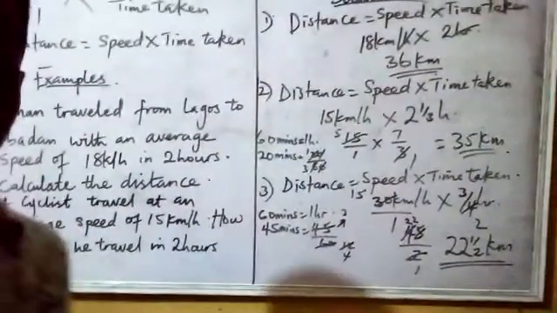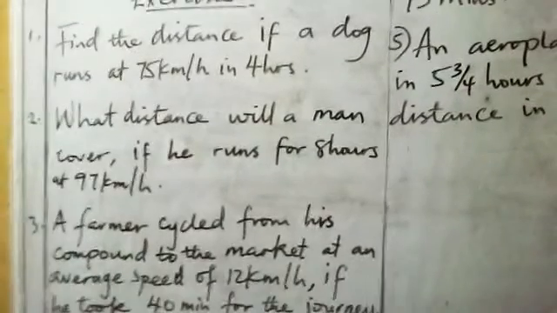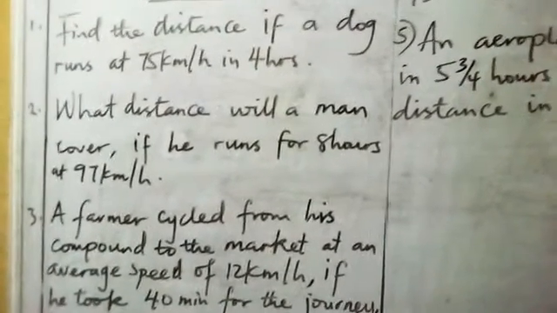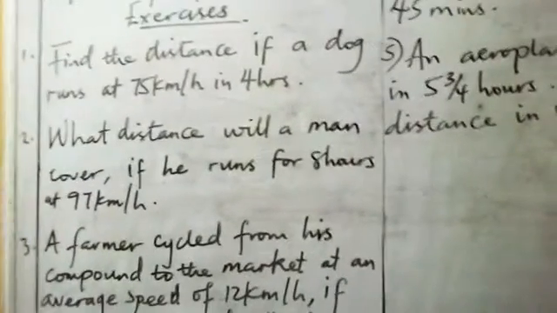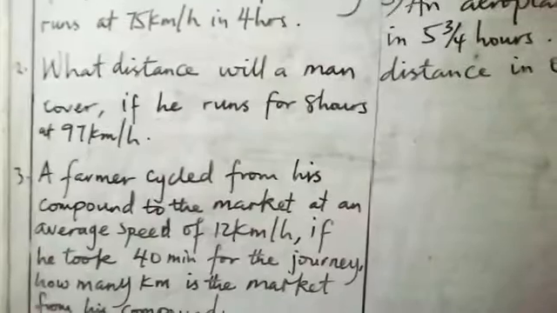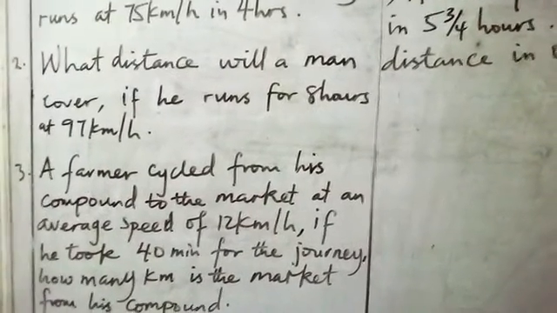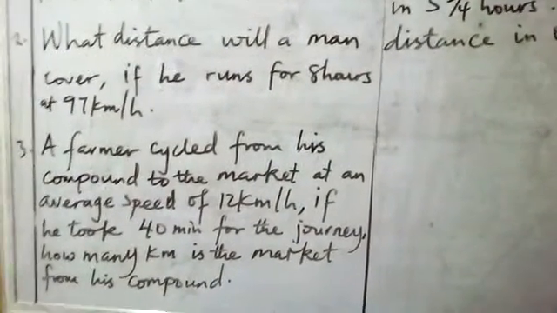Okay, so let's look at some exercises now. These are the exercises you are going to do. Number 1, find the distance if a dog runs at 75 kilometers per hour in 4 hours. Number 2, what distance will a man cover if he runs for 8 hours at 97 kilometers per hour?